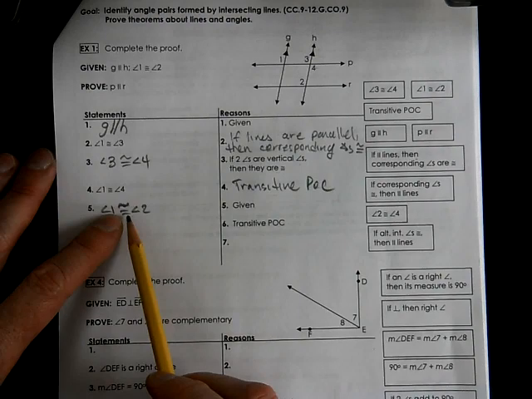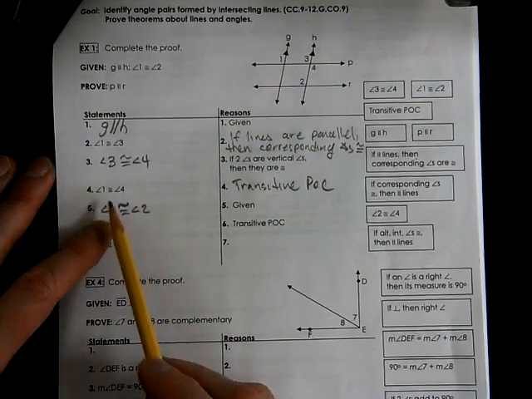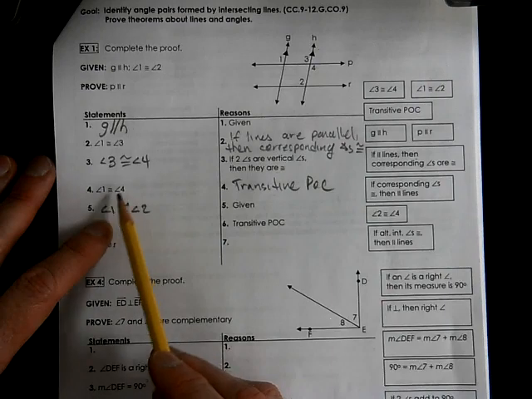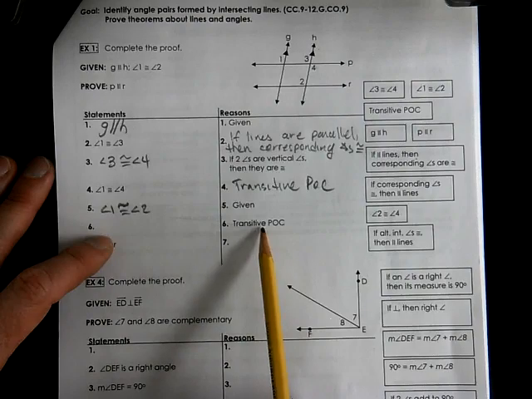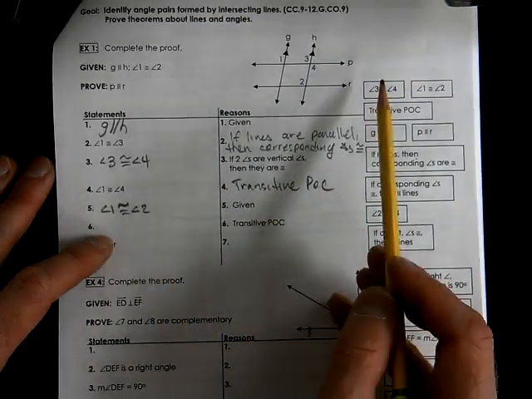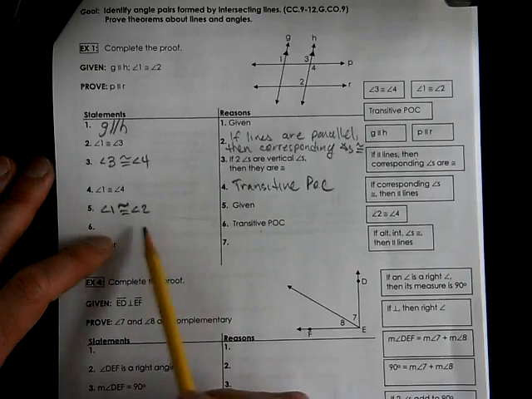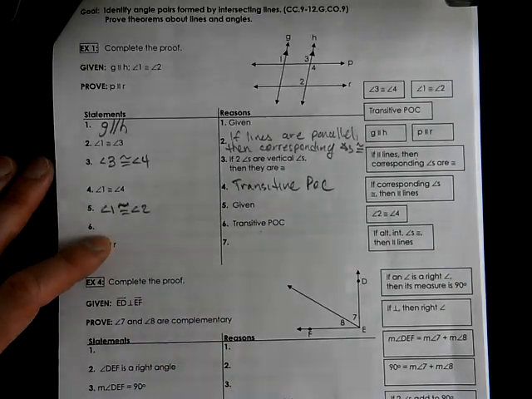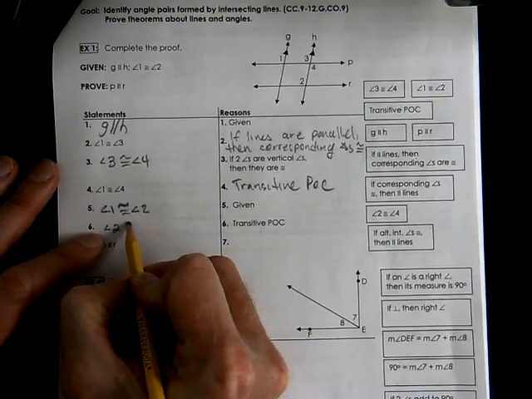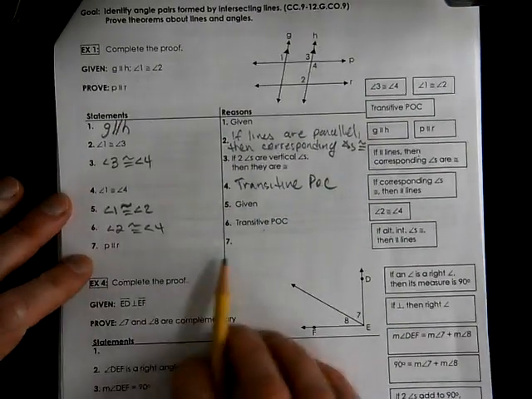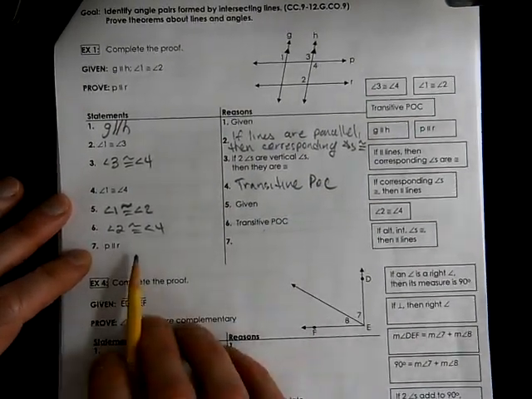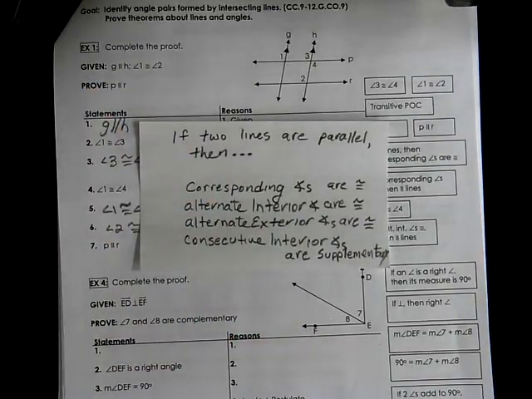Now we need more information to be able to proceed, because 1 is congruent to 4 and 1 is congruent to 2. They're giving us a hint to use the transitive property. Can you guess, without looking at the boxes, what numbers would go in here? Right, angle 2 and angle 4 are congruent. That's the transitive property. And to be parallel, there's only 4 different correct answers for that parallel.